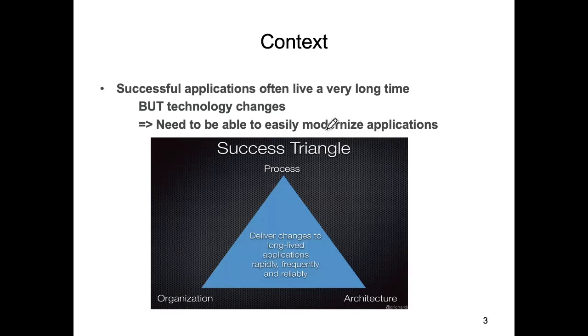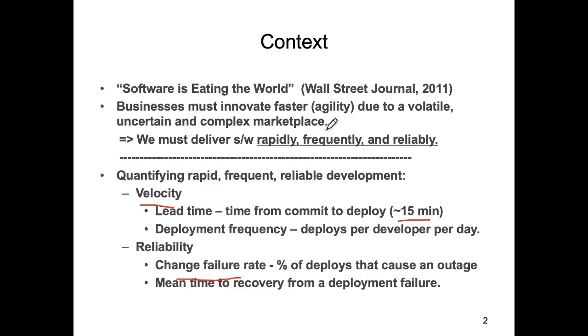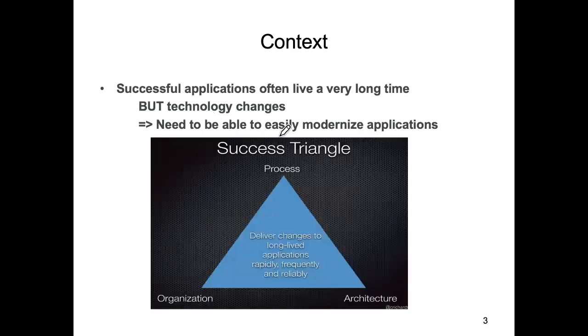Now, in the picture at the bottom, what we're saying is that there are really three parts to any software house's operations that will guarantee all of the objectives that we're talking about here. This reliability, frequency, what was the other one? Reliability, frequency, rapidity, and also the ability to modernize a long-living application.